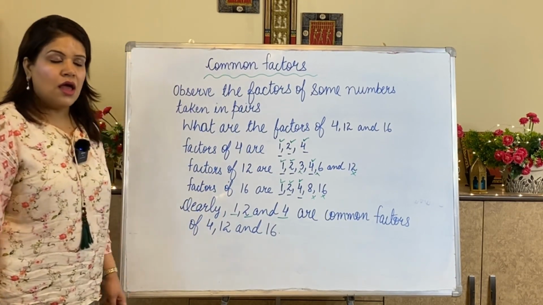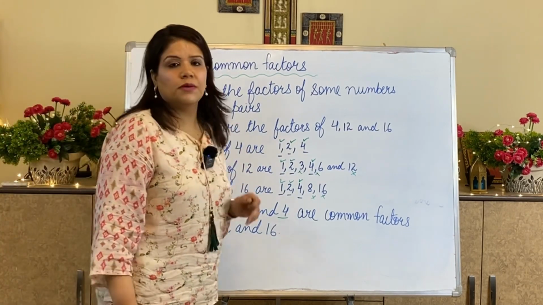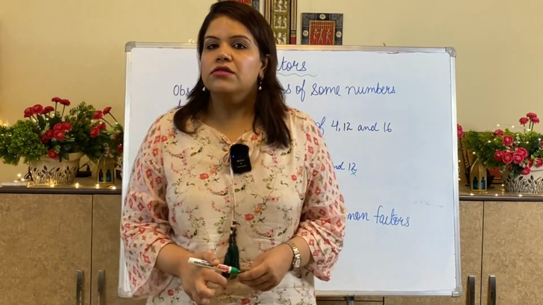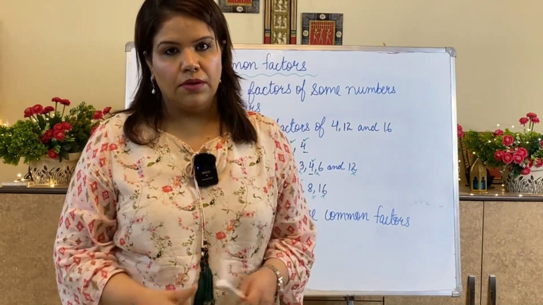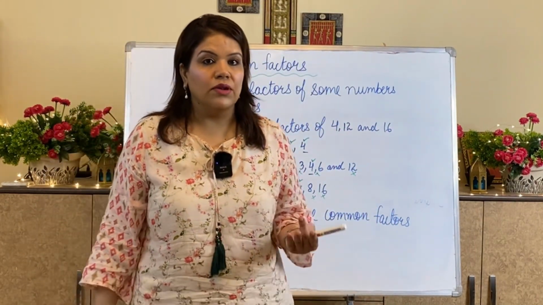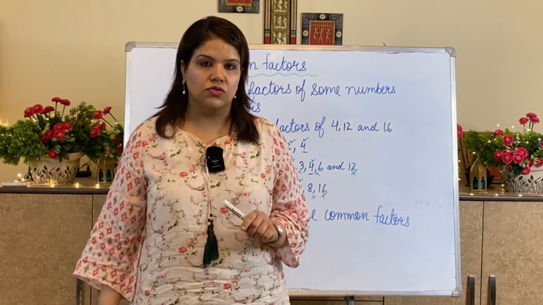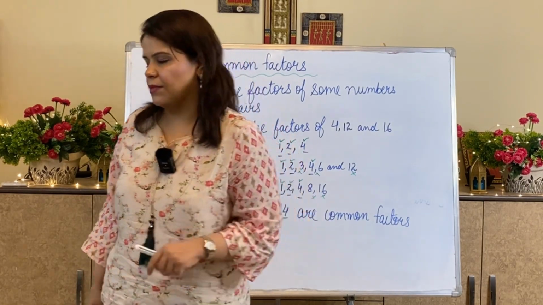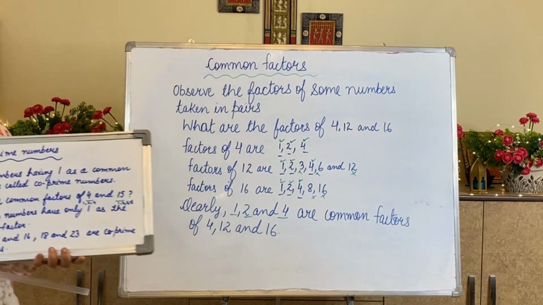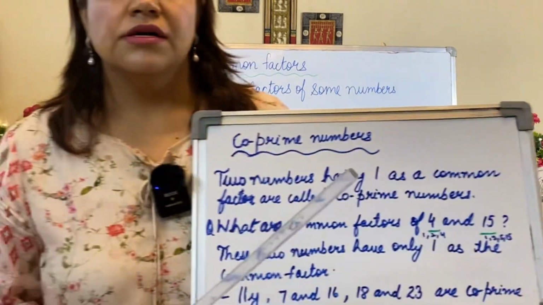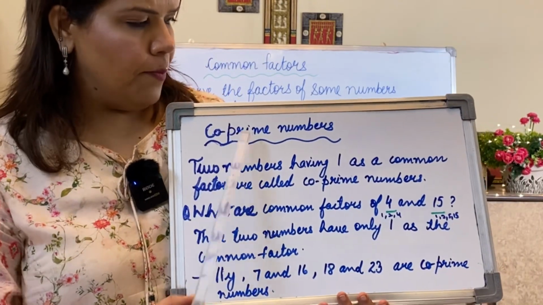Now it is possible that 2 numbers have only one common factor, and it can be only the number 1 also. So they have a special name. Such numbers are co-prime numbers.